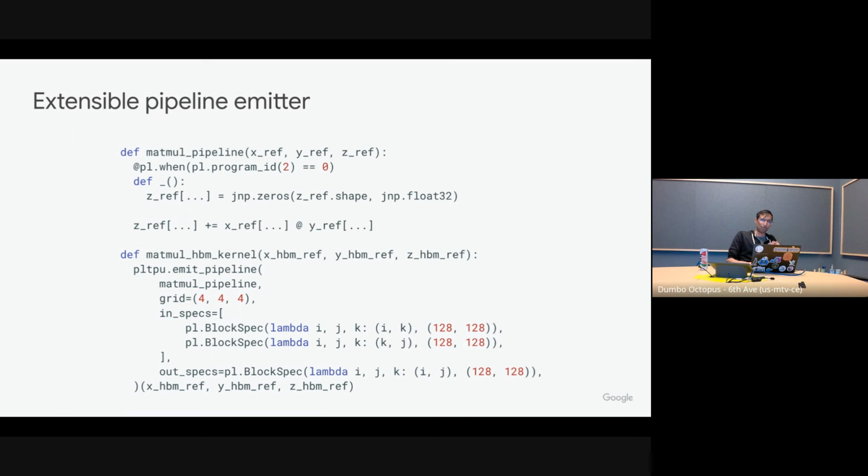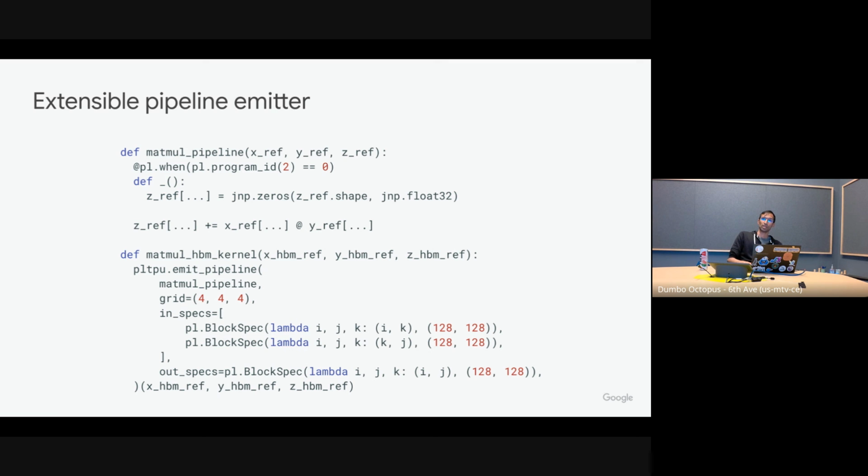And you might ask, why are we re-implementing the pipeline emitter in Pallas? There are basically two reasons. One is, as I alluded to, we can iterate on this far more quickly than we can on the LLO pipeline emitter, which is kind of the XLA main emitter. This one is something that we can add a lot more features into, for example, far more dynamic grid support.